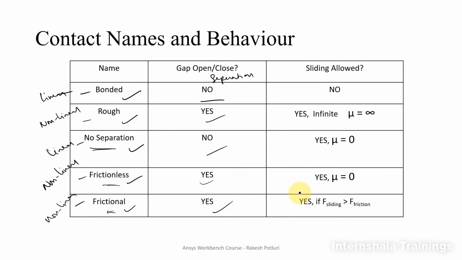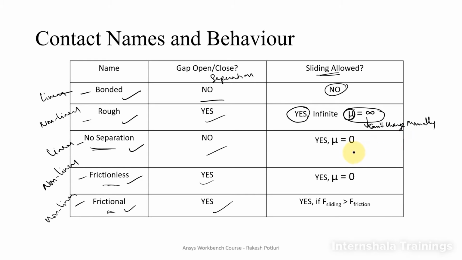Coming to the sliding behavior. In bonded contact, as I told you, nothing is possible, neither separation nor sliding. In rough, sliding is not possible because of the presence of a very high coefficient of friction, which you can't change manually, so obviously we can estimate that sliding can't happen.